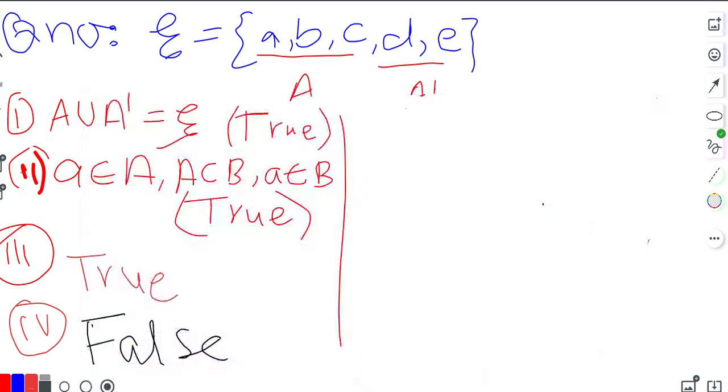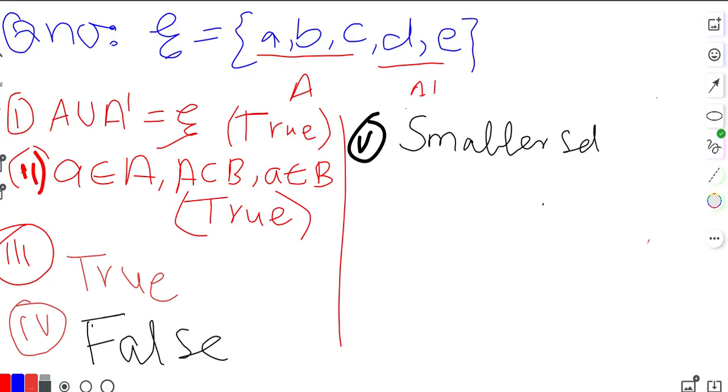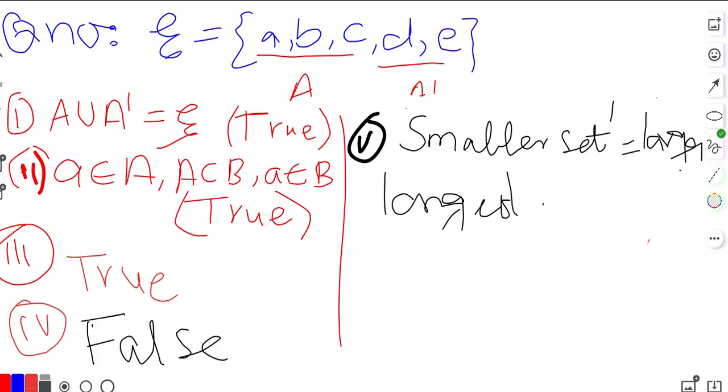As we know, if we take the complement of the smaller set, then it is the largest set. If the complement of the largest set is taken, then it is the smallest set. Is it clear?